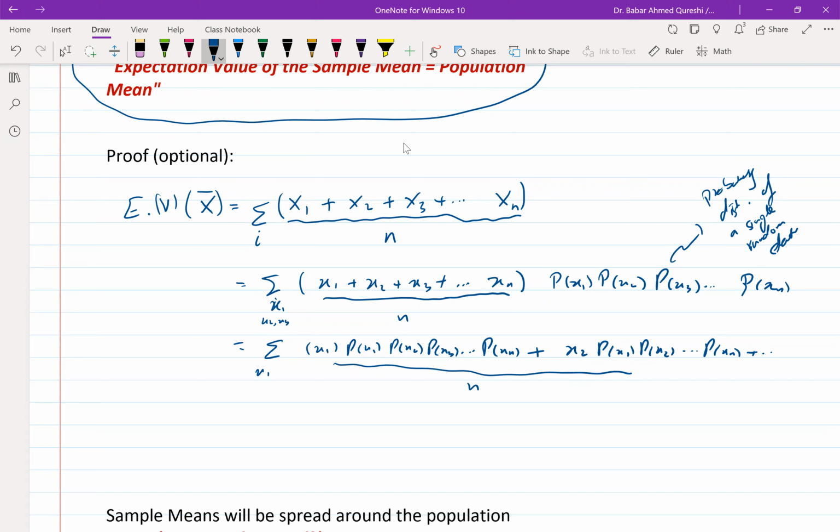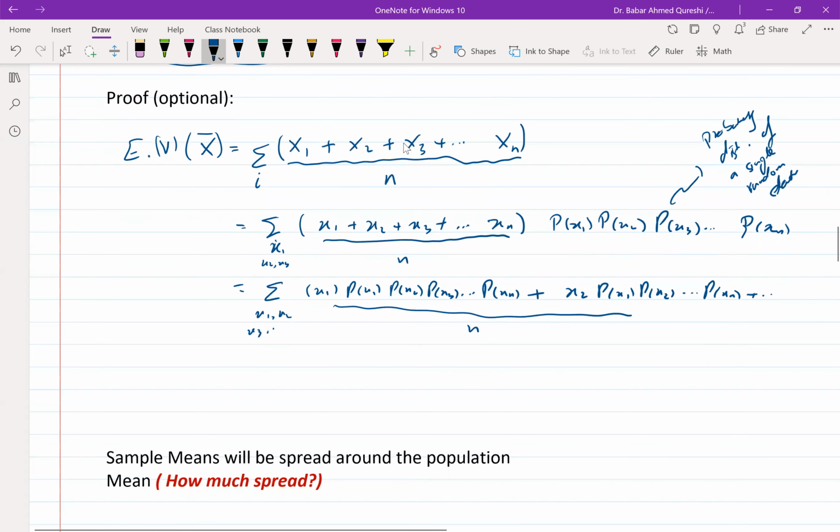And you're summing over x1, x2, x3, because all samples are possible. When you sum over all these, this gives you the mean in the population, because this is the random variable from the population, and this is the probability distribution of the population, so it computes the mean according to the formula.